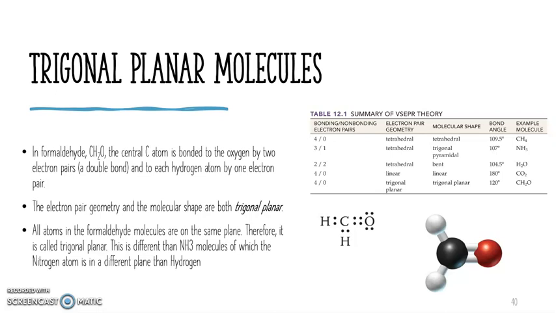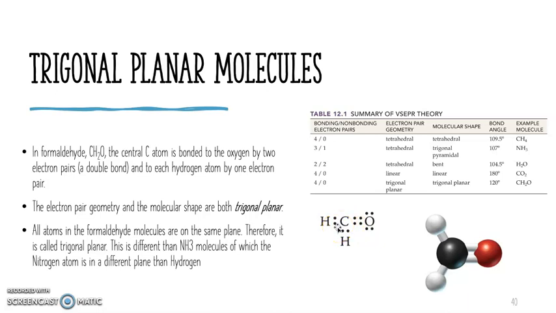So here is the Lewis dot structure of formaldehyde, CH2O. You can see that carbon is bonded to 1 oxygen and 2 hydrogens. For oxygen, it has a double bond, but for hydrogen, it's a single bond.